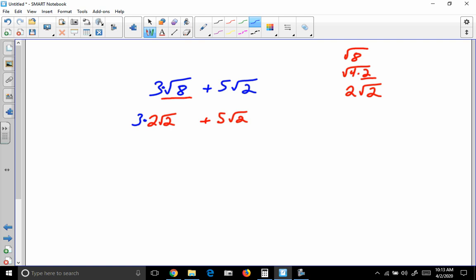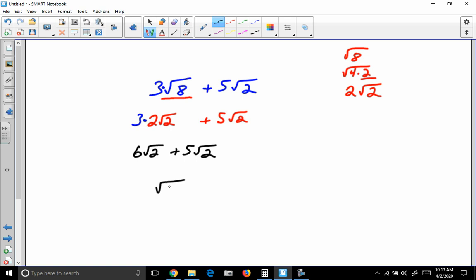So you have to be careful, it's not 3 plus 2. This number is multiplied to whatever we change the square root of 8 to. So 3 times 2 roots of 2. So 3 times 2 is 6 square roots of 2 plus 5 square roots of 2.